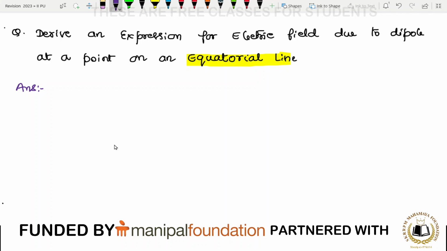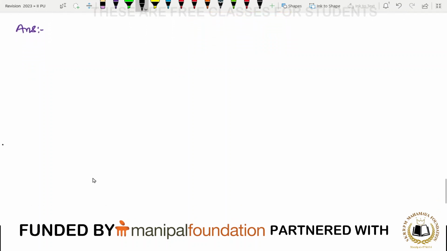Now this question is repeated 3 times in the final exam. Okay, we'll derive the equation now. So I hope you have taken the question. So start deriving now. So I'll take two charges here, positive charge and negative charge separated by a small distance. So here comes a plus q and here comes a minus q.